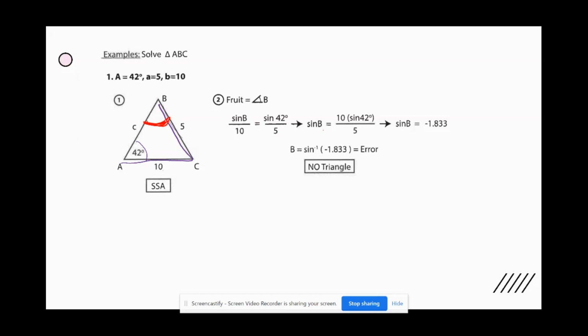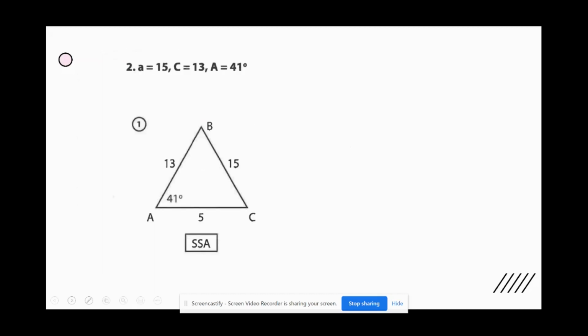When I solve this, I get sine B as negative 1.833. That's what happens on my calculator. When I do my inverse sine, my calculator says error. So this first example is an example where there's no triangle. I don't have to go any further. To review, you found the angle that was opposite that other side to set up your law of sines.